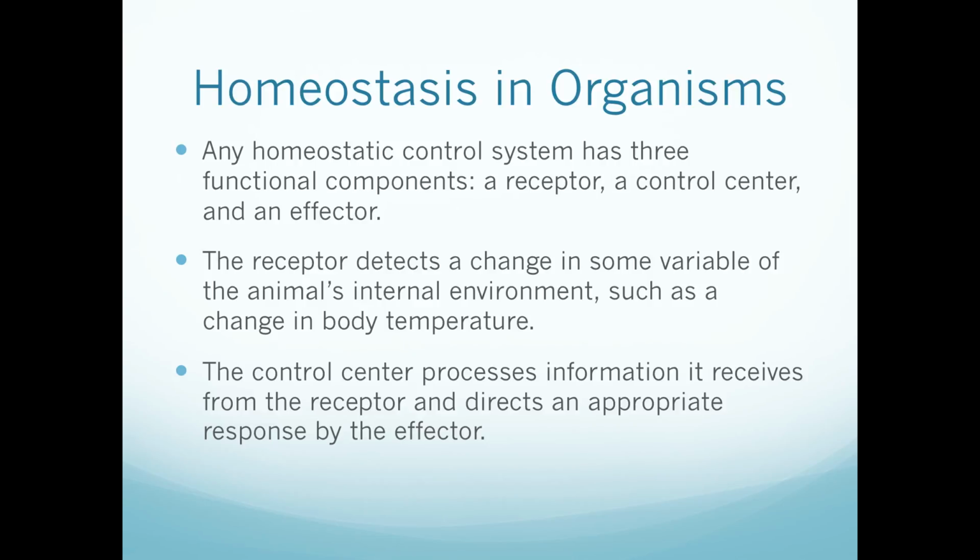There are three components to this: receptor, control center, and what's called the effector. The receptor detects the change in some sort of internal environment. Let's say, to make it easy, body temperature. The control center processes the information and directs the response by the effector. The effector would be the part of the body that's eliciting the response.